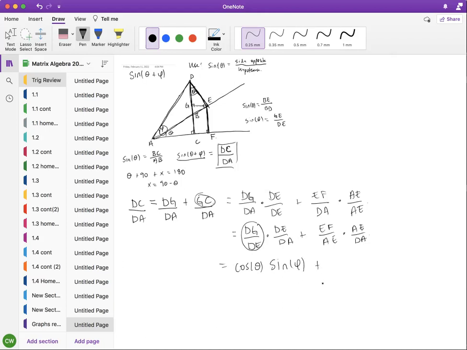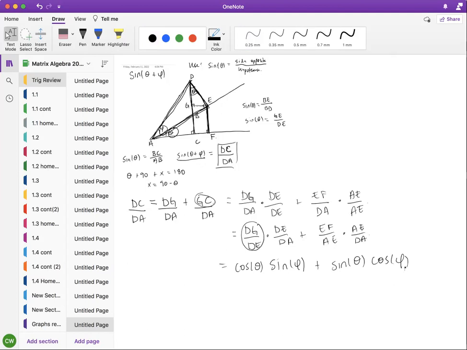EF divided by AE is the sine of theta. And AE divided by DA is the cosine of phi.